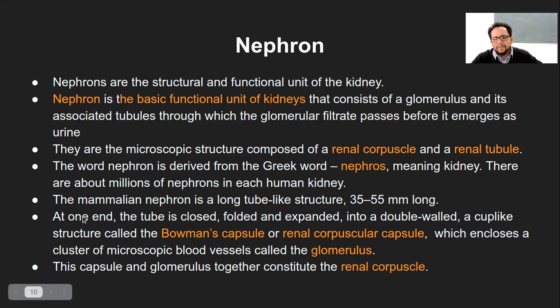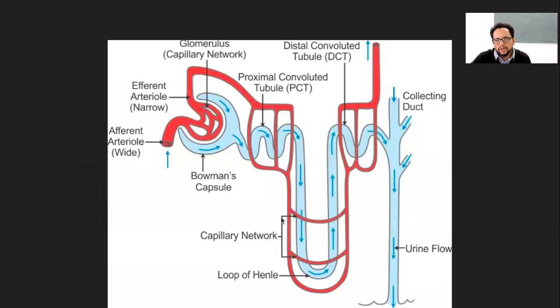Now, at one end, that is at the renal corpuscle end, the tube is closed and is folded and expanded as well. So here the tube is closed, right? It is not open at all.